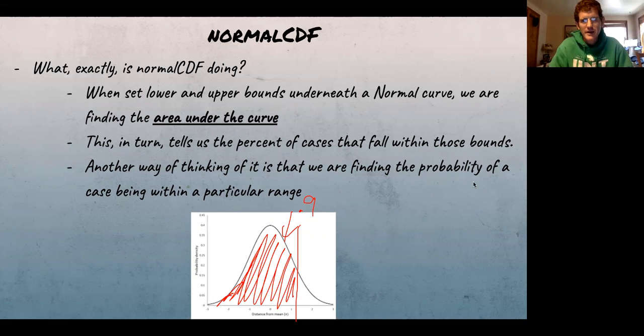If I picked a random case, what is the probability that it's going to be in that clump of data? Well, there's a 90% chance. It could be in this clump if I just grabbed a random one. But most of the data falls right in that data on the left. So when I say 0.9 is the area, 0.9 is also the probability. So conceptually, is that making sense?